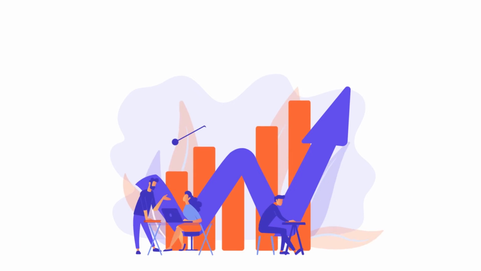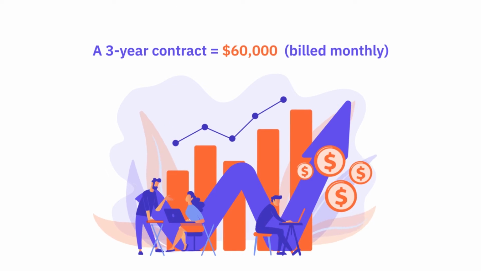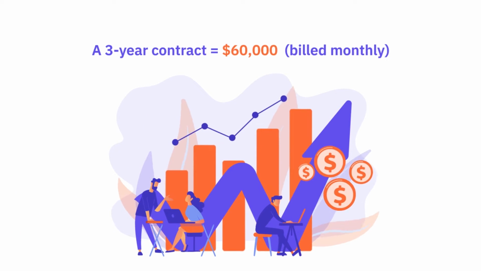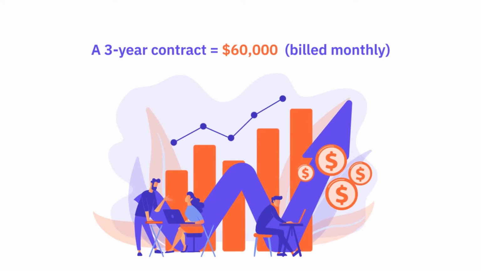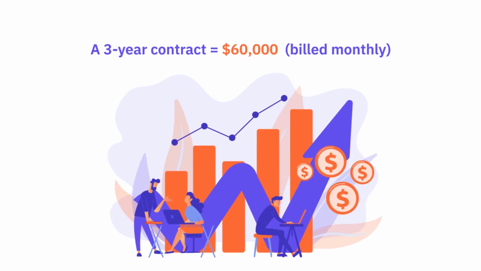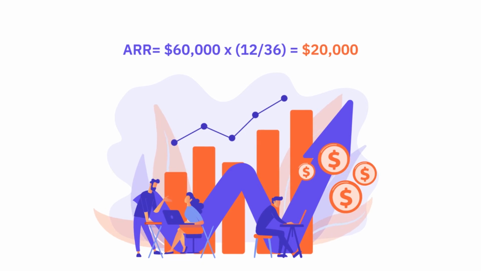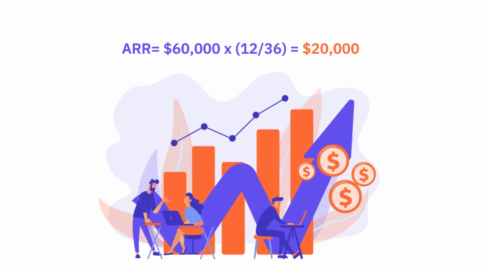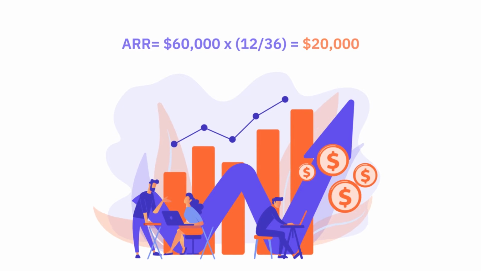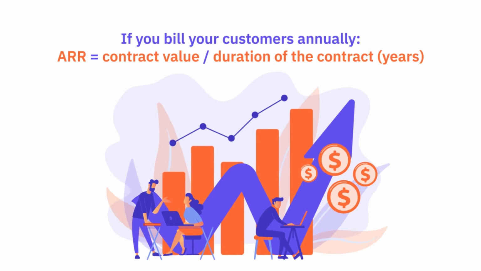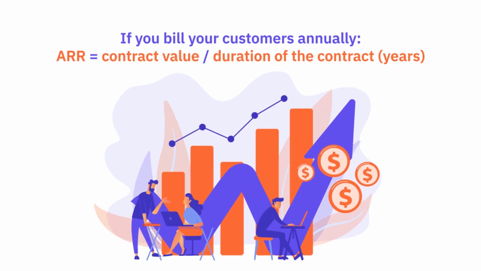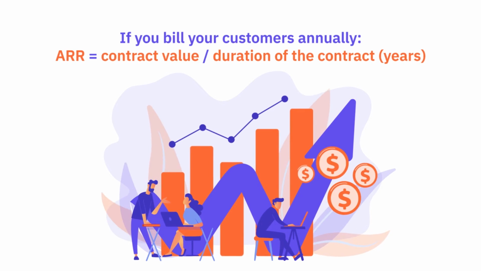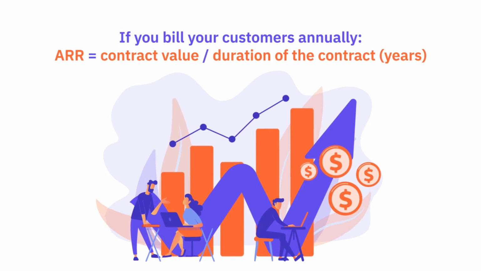Let's say a customer signs a 3-year contract, which is 36 months, for $60,000, which is billed monthly. Here's the ARR calculation. ARR equals $60,000 times 12 divided by 36, which equals $20,000. If you bill your customers annually, you can calculate ARR by taking the contract value and dividing it by the duration of the contract in years.